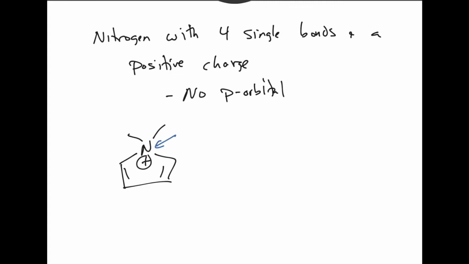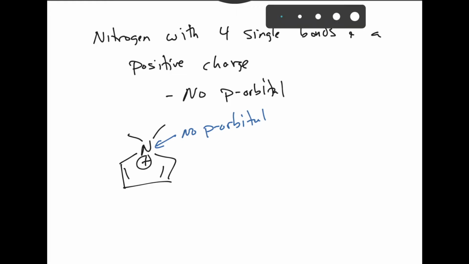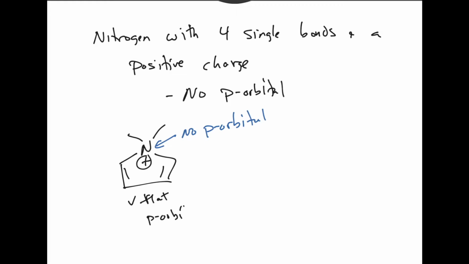So there's no p orbital on this. Even though it has a positive charge, there's no p orbital. So you break the second rule of having to have a p orbital on everything. So flat, yes. P orbital, no. So this is non-aromatic.